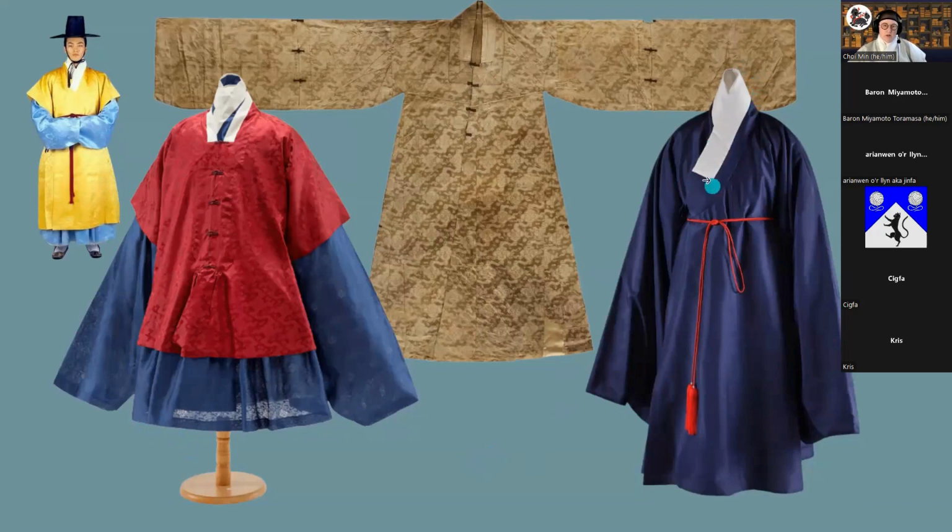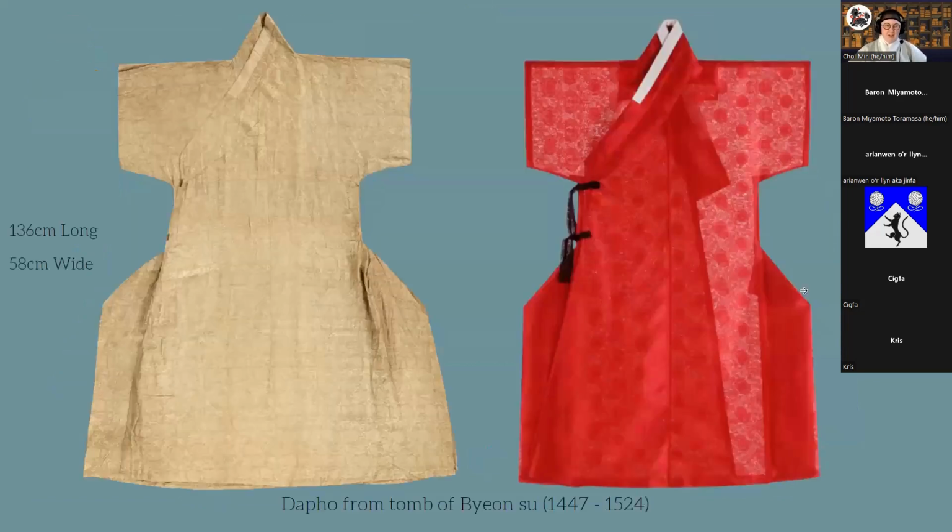A lot of the repros have really wide collars, and more modern Joseon stuff would have had a thinner white collar. Here's one of those with detached sleeves, and there was no date on this, but seeing as it has a really narrow armpit, this might be just out of period, but who knows.